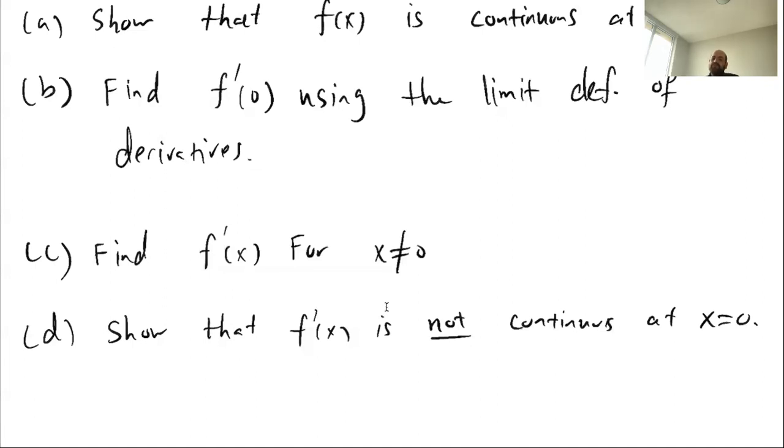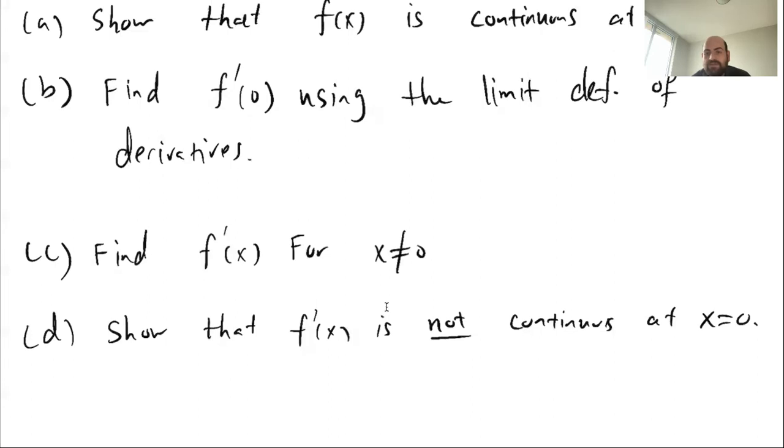For example, part E asks you whether f is twice differentiable at 0 or not. So f is differentiable at 0, but is it twice differentiable at 0? The answer is no, because the second derivative is the derivative of the first derivative. And in part D, you conclude that the first derivative is not continuous at 0.